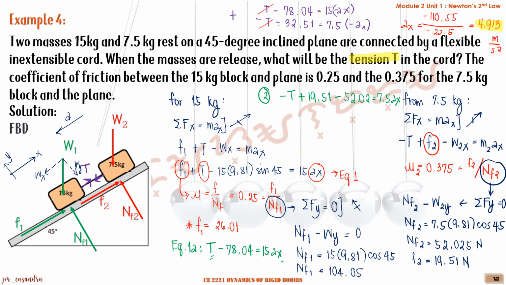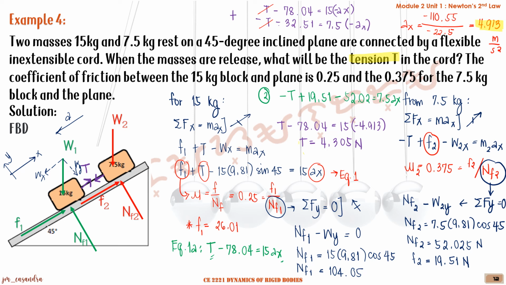So we'll have now T minus 78.04 equal to 15 times negative 4.913. The tension now between the two is 15 times negative 4.913 plus 78. We get a value of 4.305 newtons.